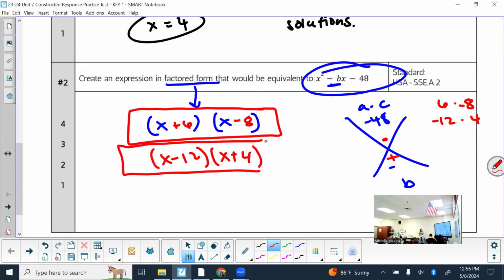Factor form. Any others? So like 1 times 48, which one would have to be negative to add to negative?